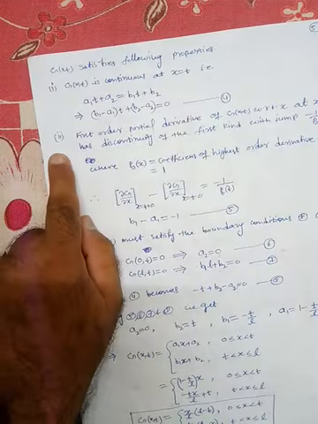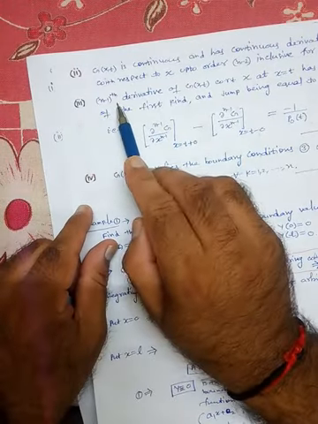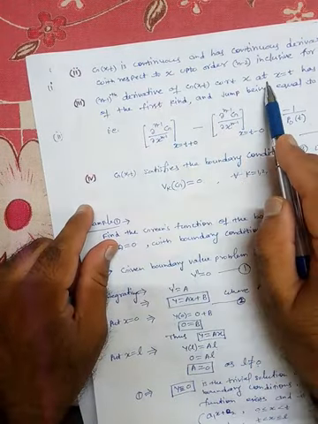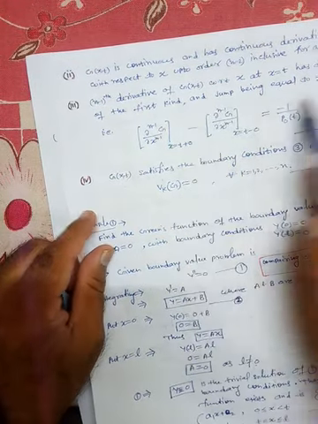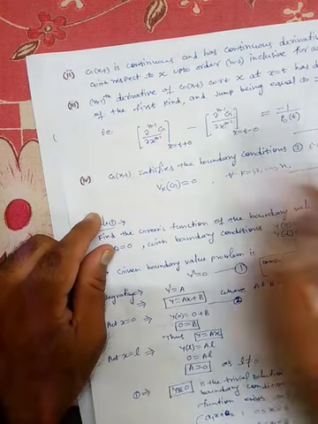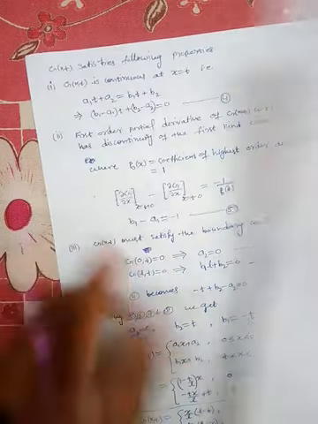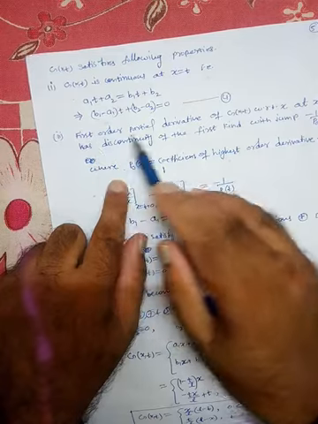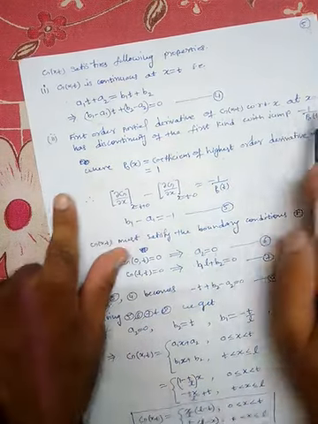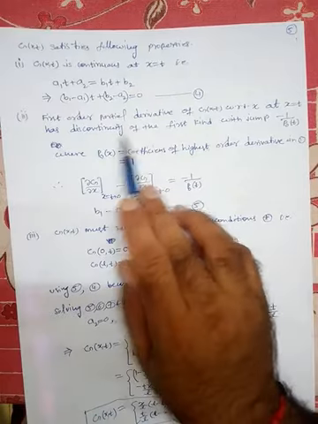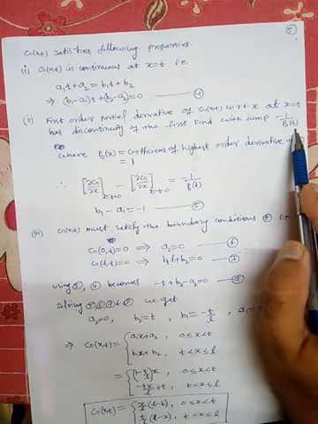Now we can use the third property. The third property is that the (n minus 1)th derivative of G(x,t) with respect to x has a discontinuity of the first kind at x equal to t, with jump minus 1 upon p naught t.